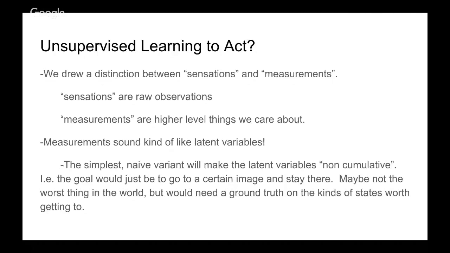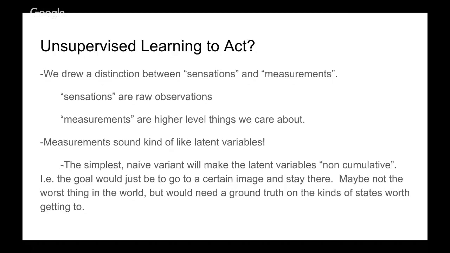In some sense, instead of specifying goals as pixel level goals, what we're doing is trying to represent the states in a much more compact representation, and then specifying the goals in terms of those representations.